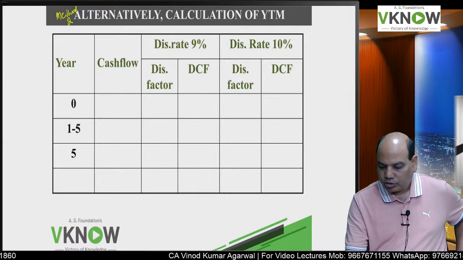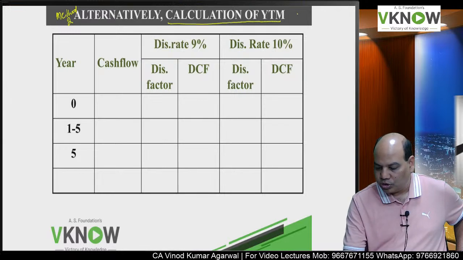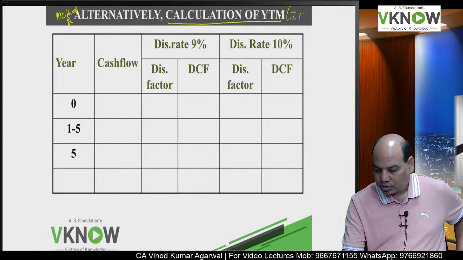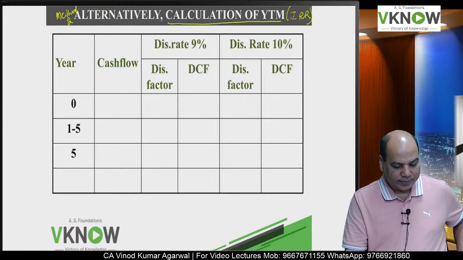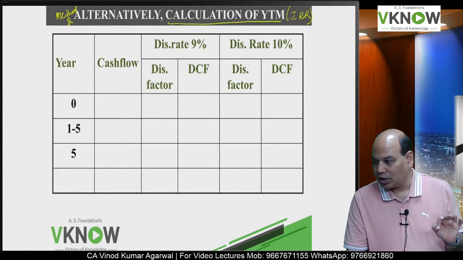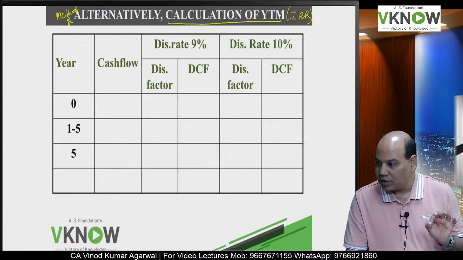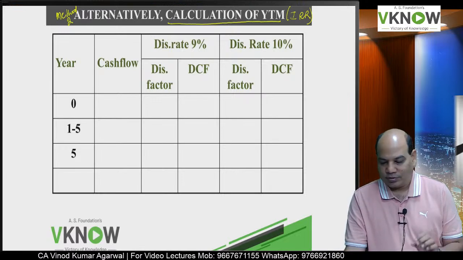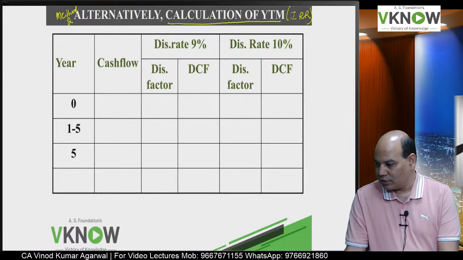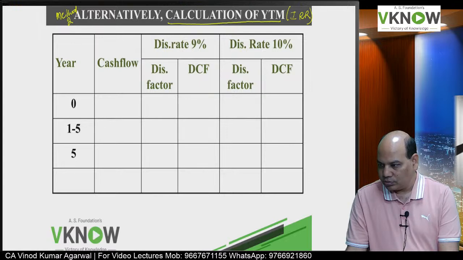Method 2, calculation of YTM using the IRR technique. If they specifically ask for the IRR technique in the exam, then you follow that. Otherwise you can choose any of the two.